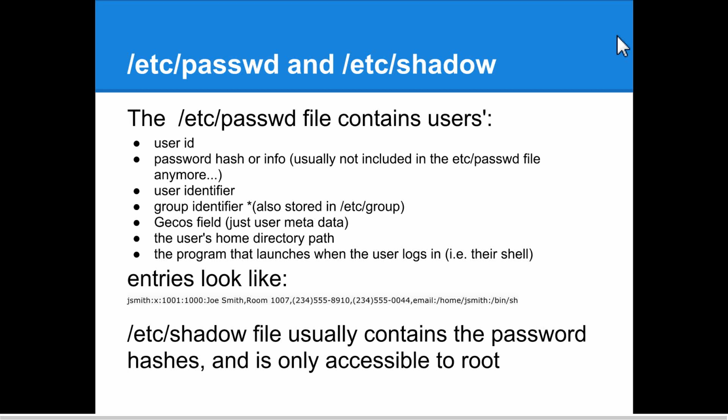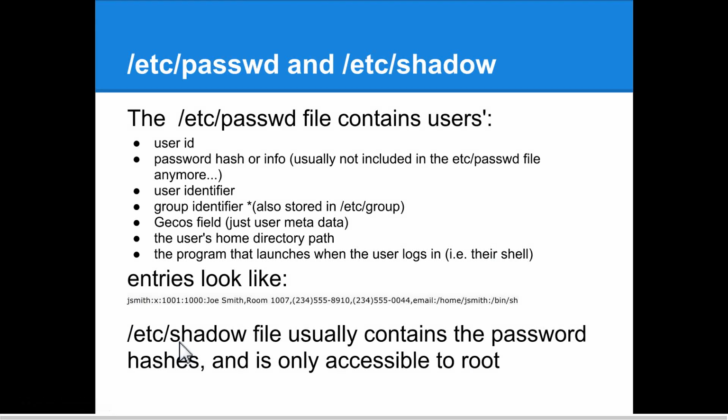If a user account is set to not be able to log in, this can be set to /bin/false, and that just returns false. Entries look like this, and as you can see on the end, there's the shell program. There's the username, and X indicates that basically the hash is not stored here.